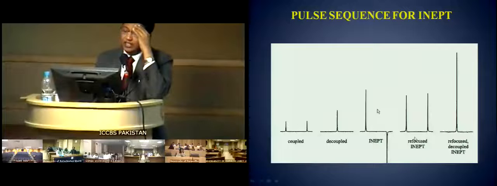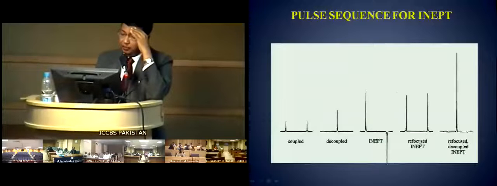There are phase cycling methods available through which you can convert the distorted peak into a positive peak. This is called refocused INEPT, and refocused INEPT decoupled to have a refocused spectrum.